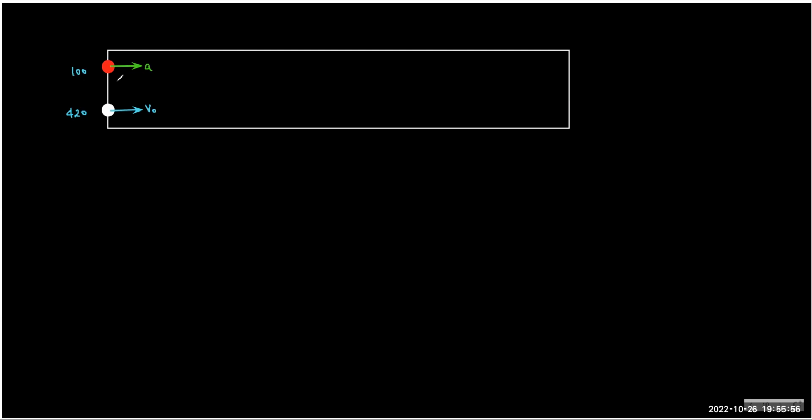So right now the car is at rest, but the biker has the velocity v0. So at that instant, who will be going ahead? The jeep or the biker? Who will go ahead? The biker.